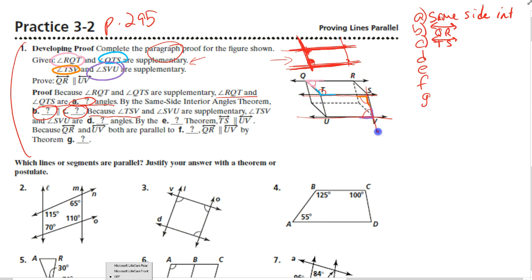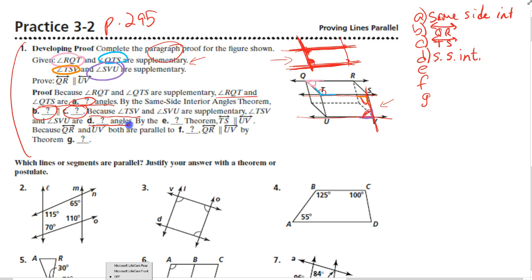I've got a transversal here, and I've got two angles that happen to be on the same side of that transversal, and they're on the interior of what I'm hoping will be some parallel lines. Again, we can call these same side interior angles. And I'm okay with it if you start abbreviating these SSINT, same side interior.